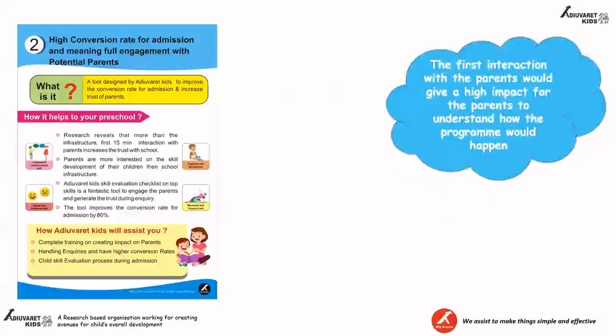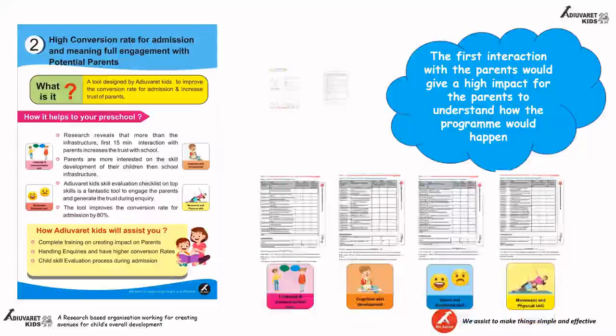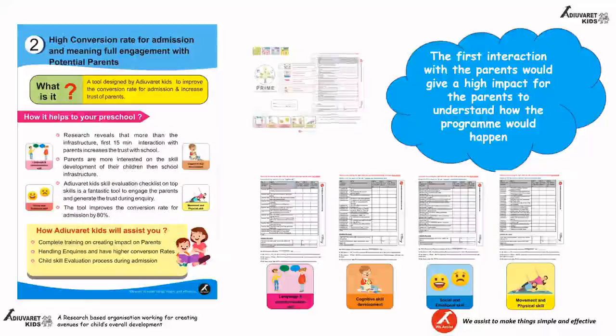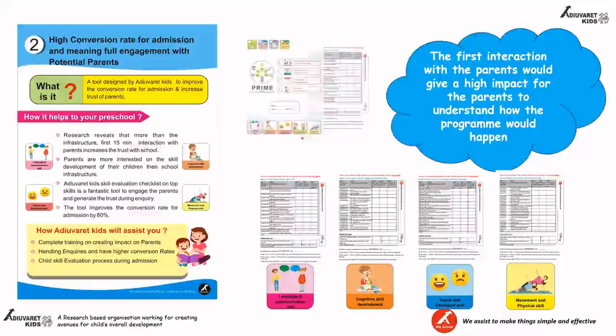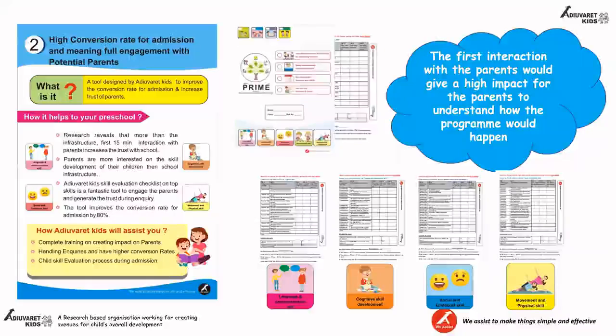Then in the beginning, when you talk to parents at the beginning of the assessment of a child, believe me, the parents' trust for the school goes fantastic. They understand this is the way the child's skill has to be developed and assessed.